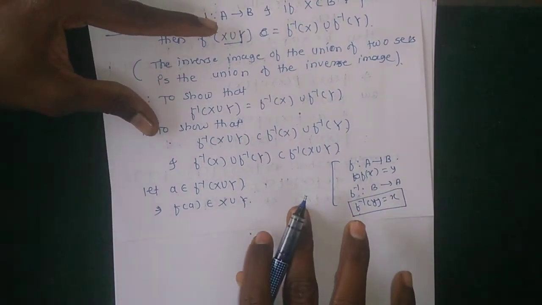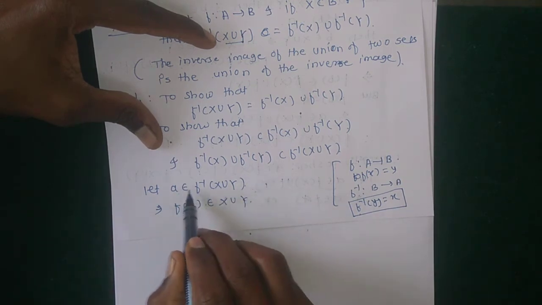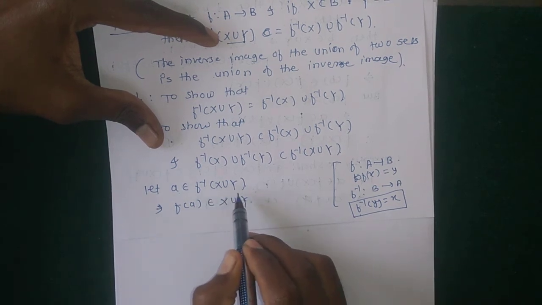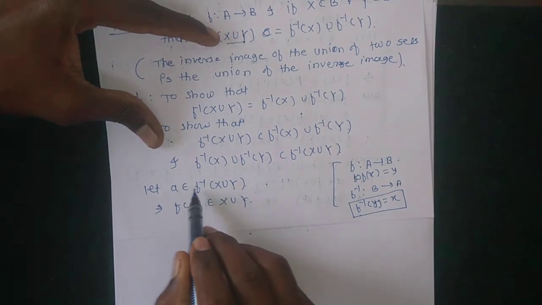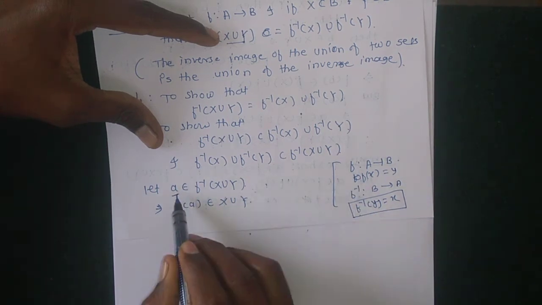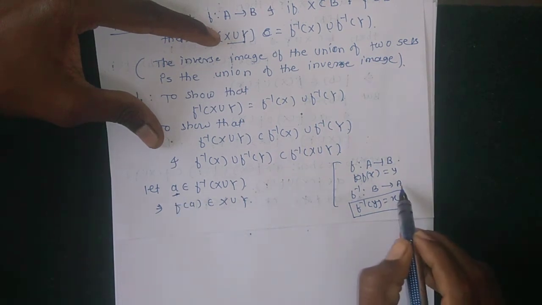Using this definition of inverse, a belongs to the inverse image of X union Y, which implies that f of a is an element of this set.